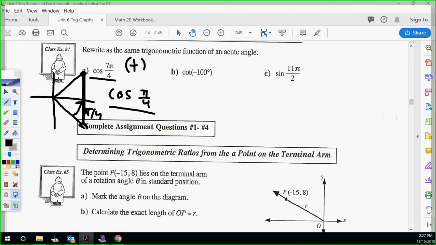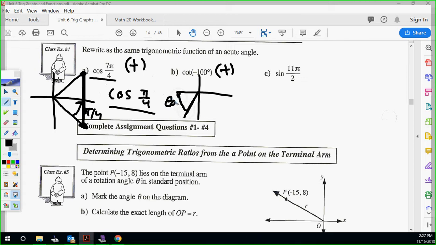Okay, so cotangent of -100 degrees. If I go -100, I'm going to be just past the 90, right here in quadrant 3. So it's cotangent, I'm in quadrant 3, so that's going to be positive. Now I want to figure out the reference angle. If this is 100 here, how far to get to the 180? 80.